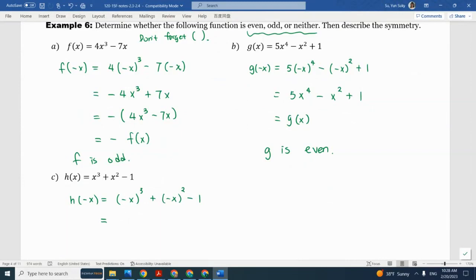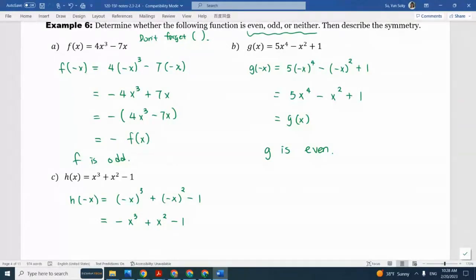What's negative 1 cubed? Positive or negative? Negative. So we have negative x cubed, right? How about negative x squared? Positive.